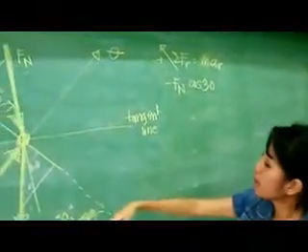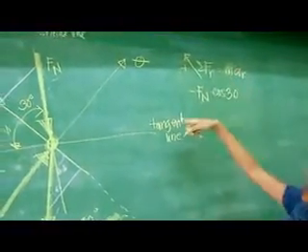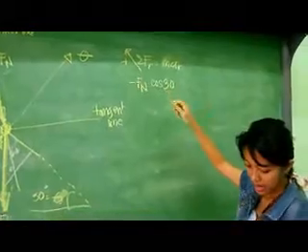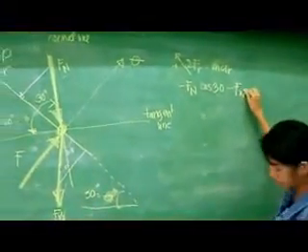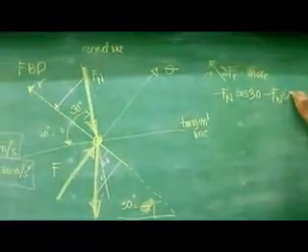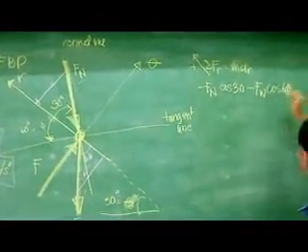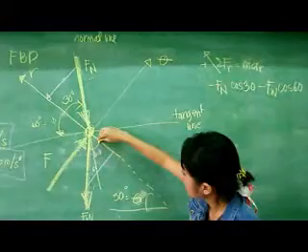Then our Fw, its component is opposite to our convention, which points upward, right? So we have minus Fw cosine 60 degrees, because in this angle, we have 60 degrees.